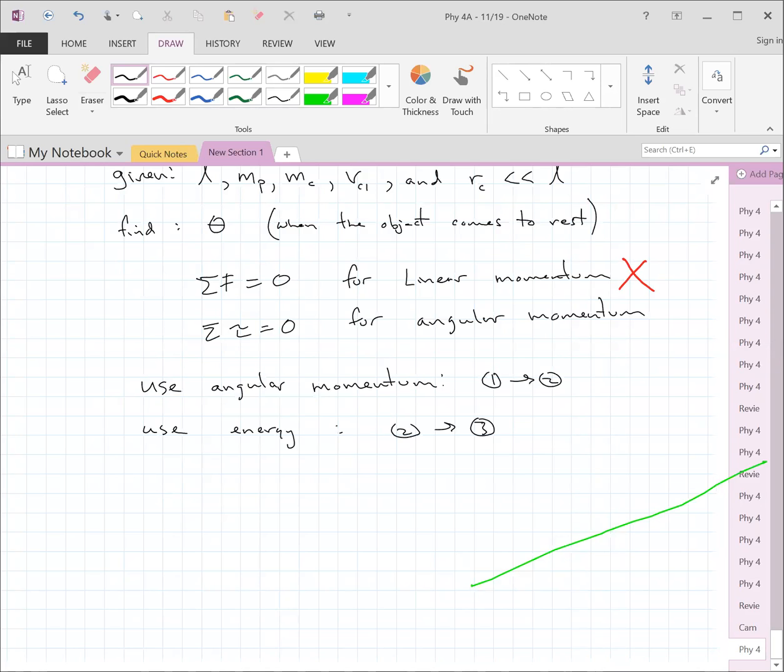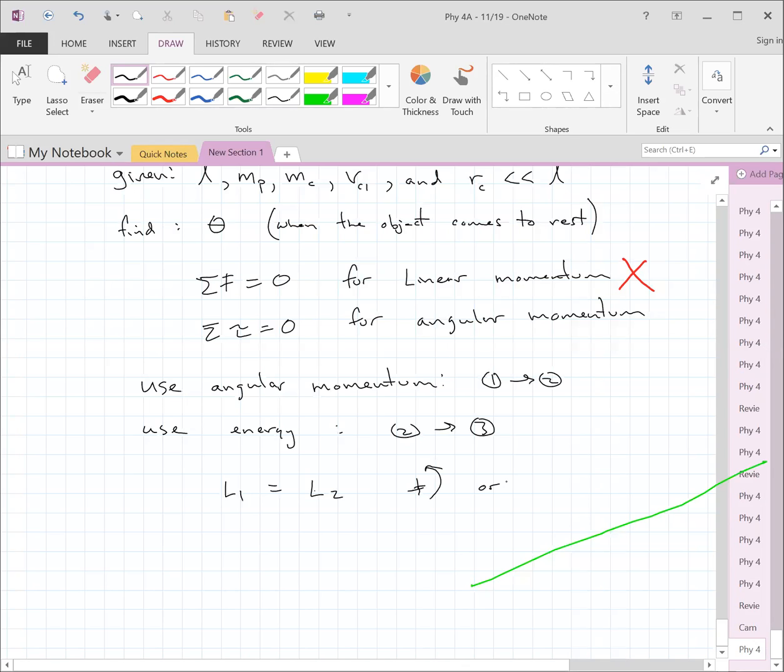Okay, so the angular momentum at time 1 and at time 2 are going to be the same. Let's pick a direction. I'm going to pick my positive direction to be counterclockwise, or I should say out of the page, either way.